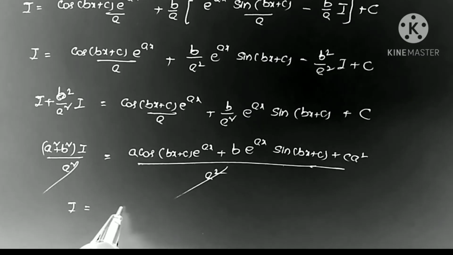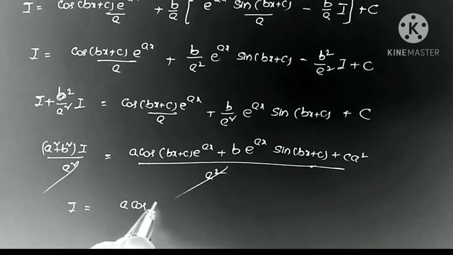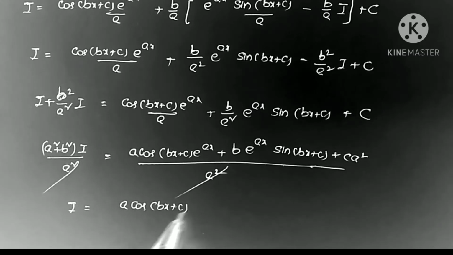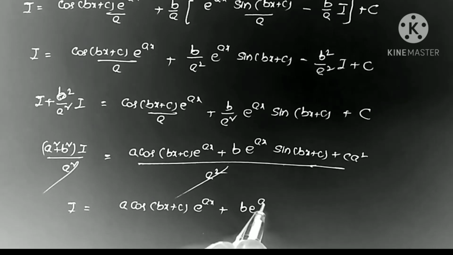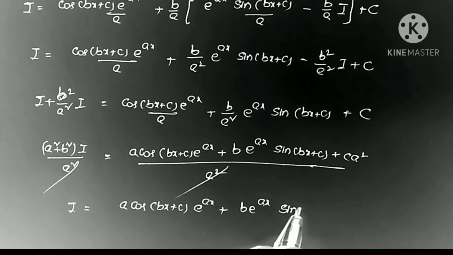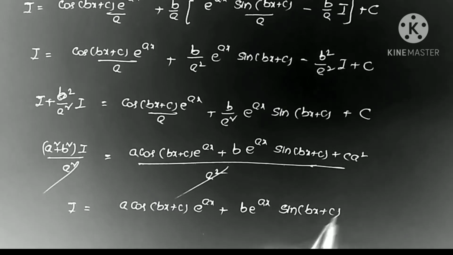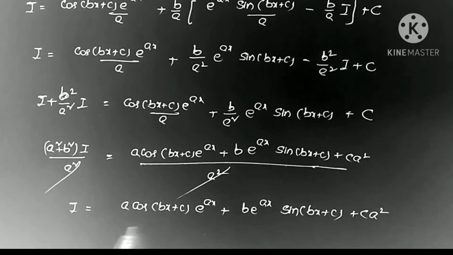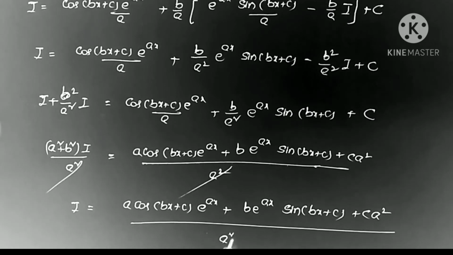Therefore I is equal to a cos(bx + c) into e^(ax) plus b into e^(ax) into sin(bx + c) plus c into a² by a² + b².